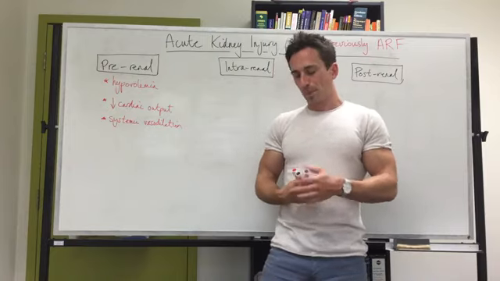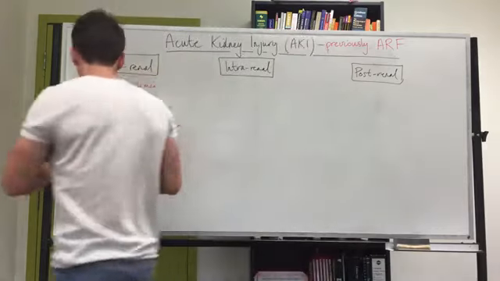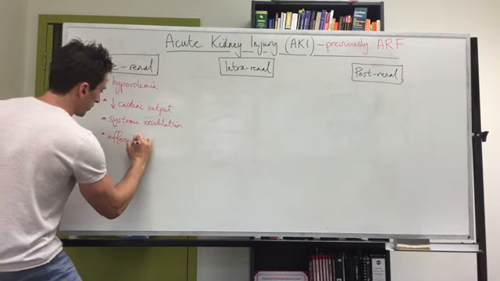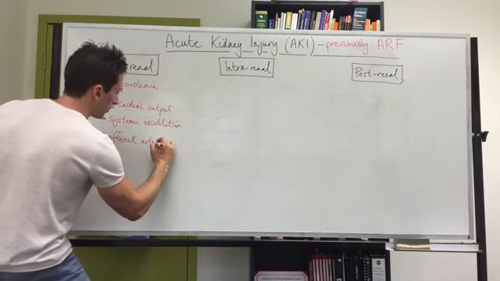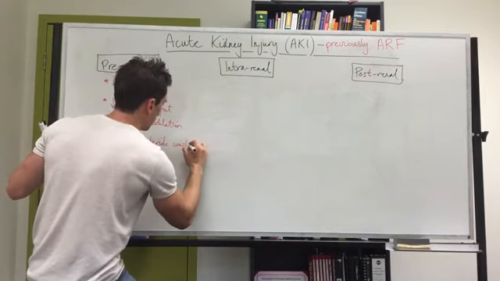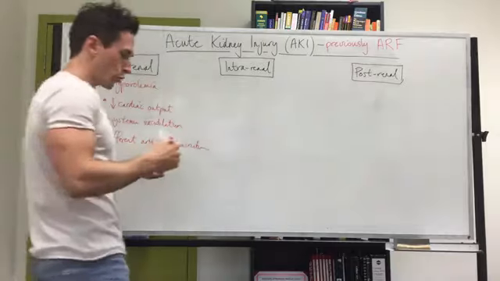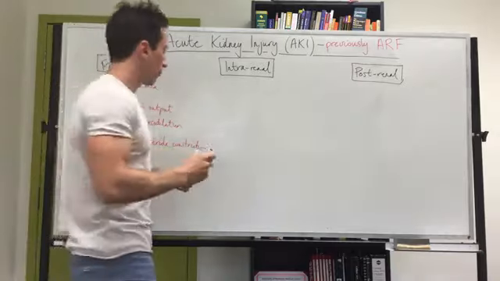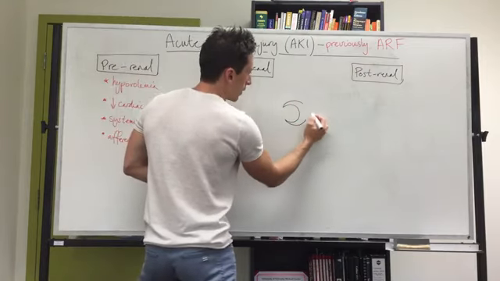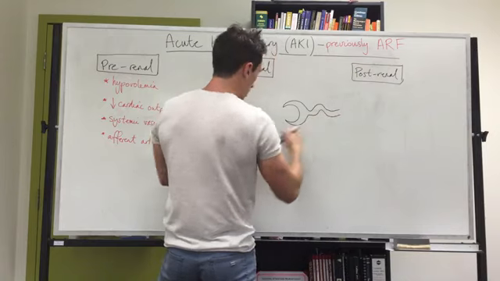Okay, what's another one? Well, another pre-renal cause could be afferent arterial constriction. All right, what am I referring to? If I were to draw up the glomerulus and the rest of the nephron, here's my friend Zach Nephron.